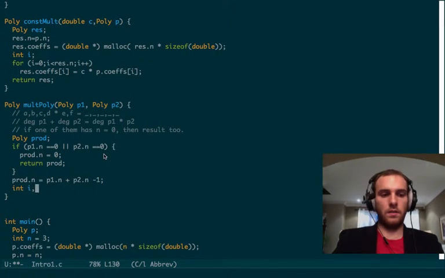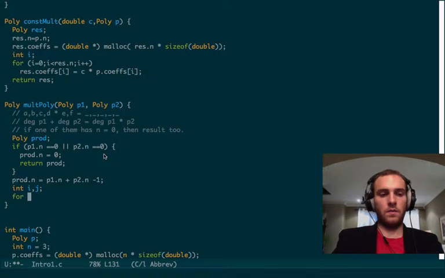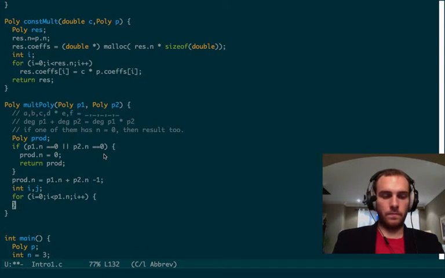int i, j, for i equals 0, i smaller than p1.n, i plus plus. You're going to visit all the coefficients here, and then you're going to visit all of the coefficients in the other array.